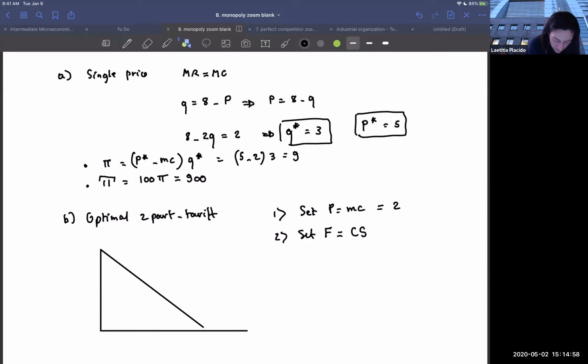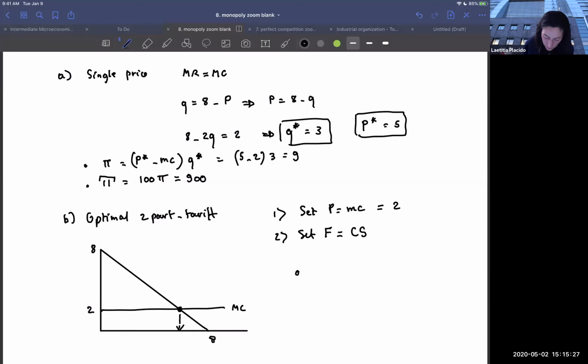Here we have 8. The marginal cost is equal to 2. When P equals marginal cost, the consumer consumes this quantity. So we need to find out the quantity consumed when price equals marginal cost.